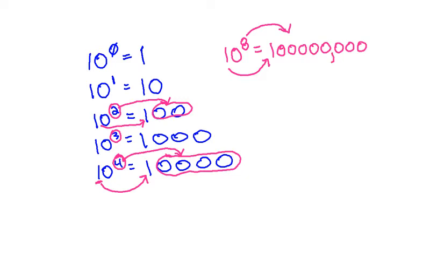So let's throw some commas in there so we can read this more easily. So 10 to the 8th power is 100 million. So see, you can do that with any number. 10 to the 10th power is going to be a 1, and then 1, 2, 3, 4, 5, 6, 7, 8, 9, 10, 10 zeros after it. So that's 10 billion.